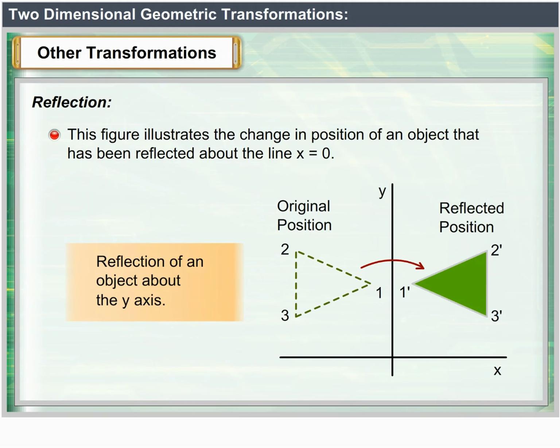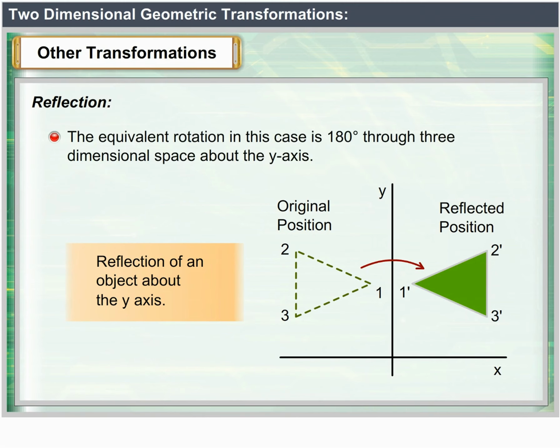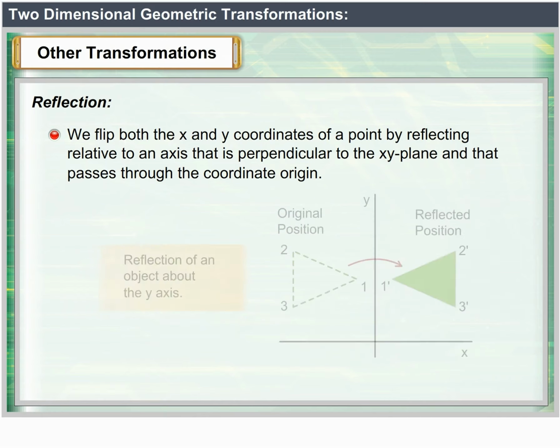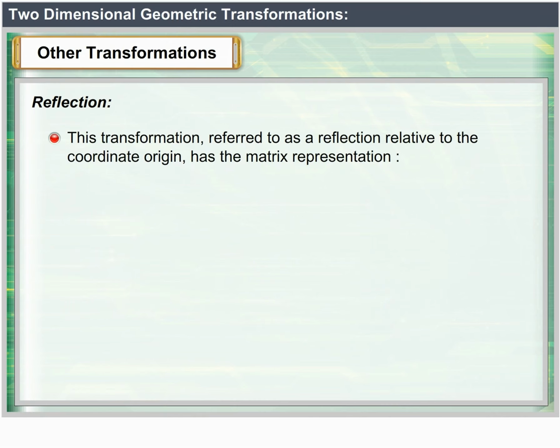We flip both the x and y coordinates of a point by reflecting relative to an axis that is perpendicular to the xy plane and that passes through the coordinate origin. This transformation, referred to as a reflection relative to the coordinate origin, has the matrix representation shown on the screen. An example of reflection about the origin is shown in this figure.